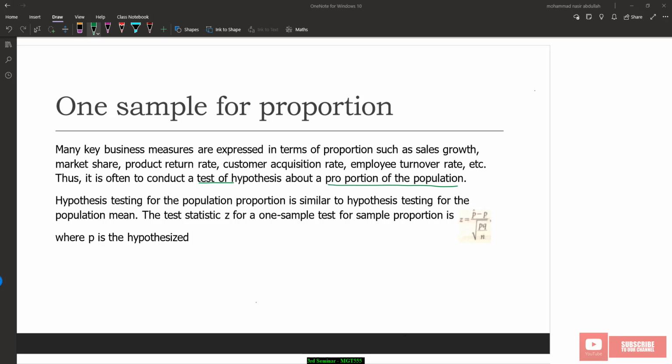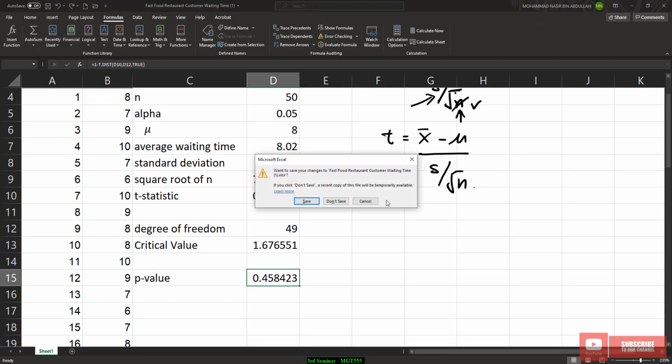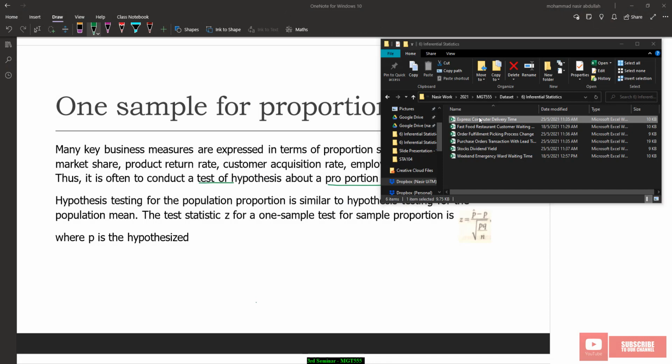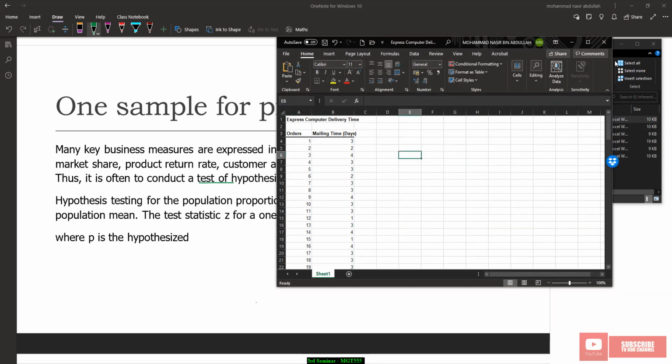Kejap. You boleh buka ke express computer time tu? Okay, I boleh buka dah. Right. Okay.